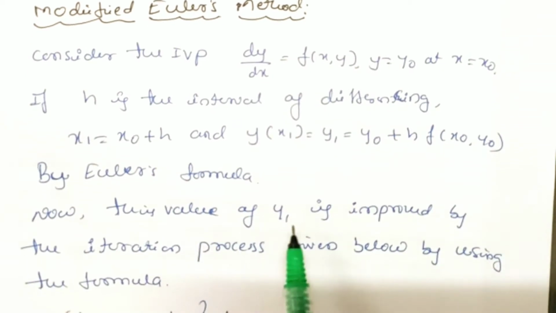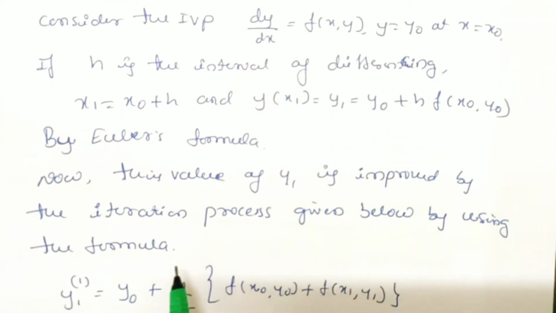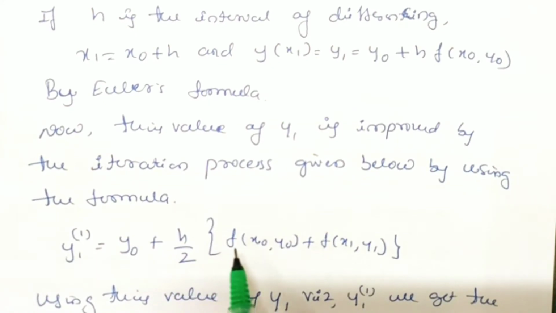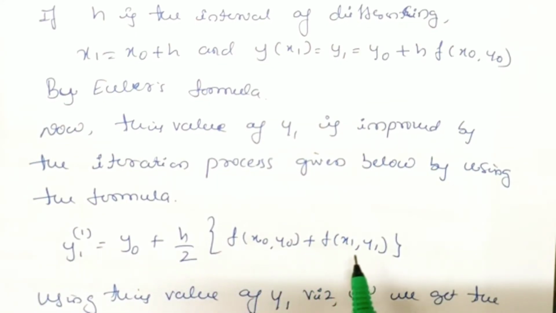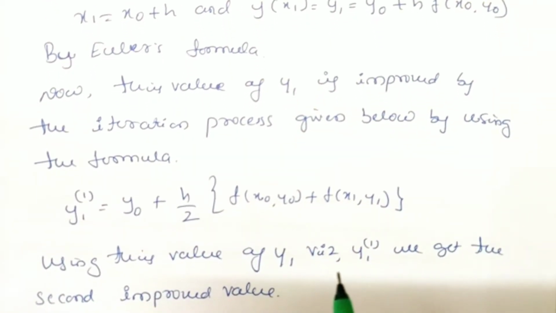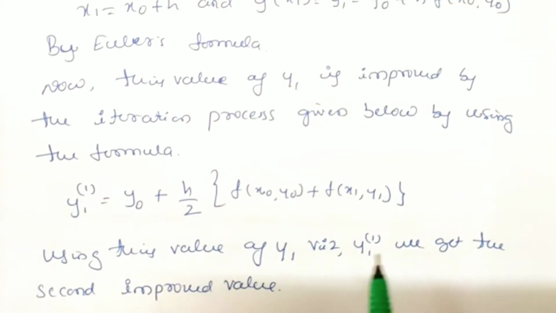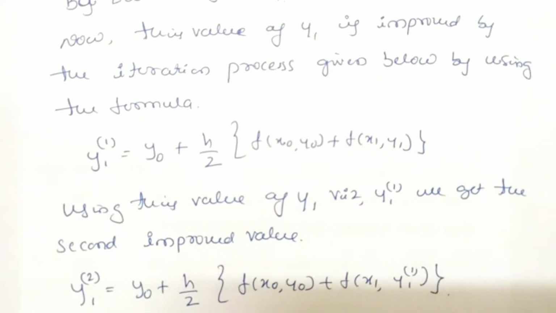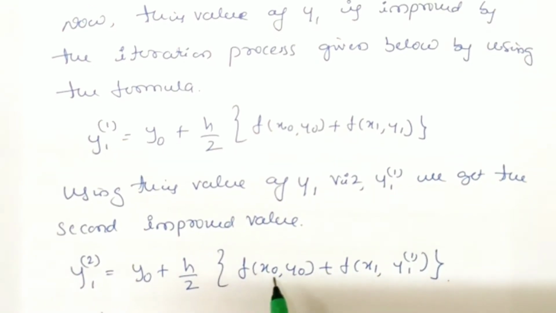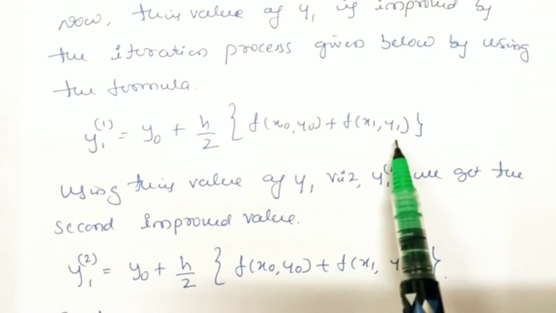Now this value of y1 is improved by the iteration process given below, using the formula y1 at first iteration is equal to y0 plus h by 2 into f of x0, y0 plus f of x1, y1.